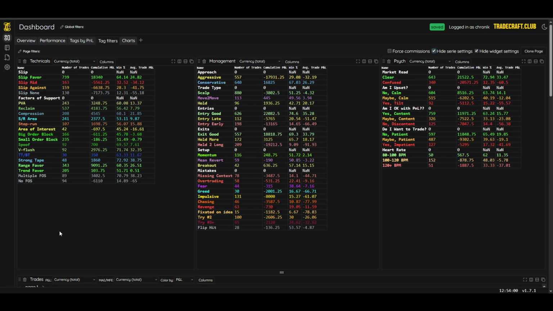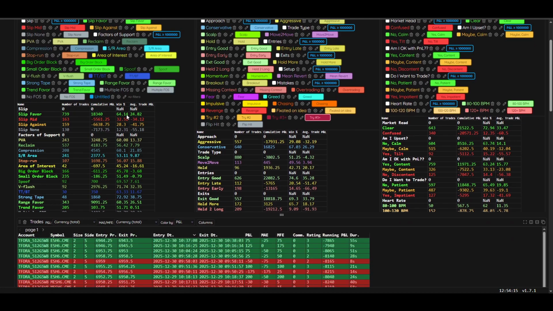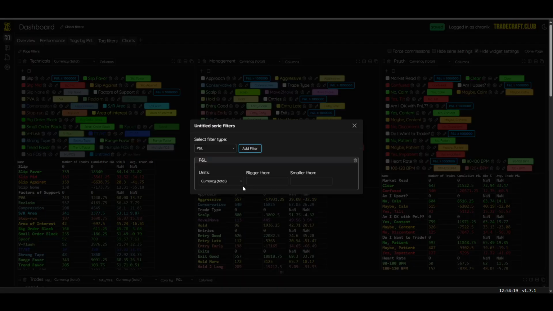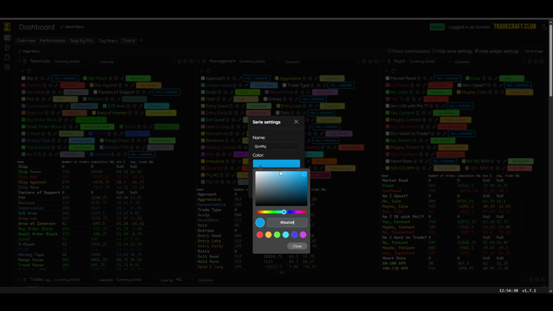I'm going to do the 3-second convergence P&L filter. This is going to be interesting because I started introducing higher time frames.